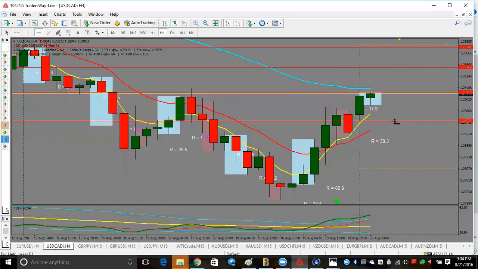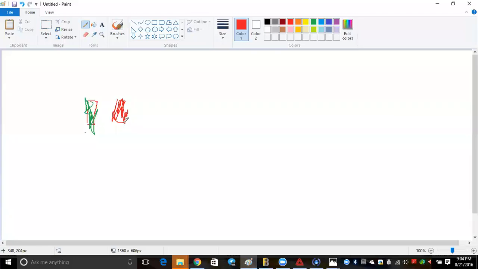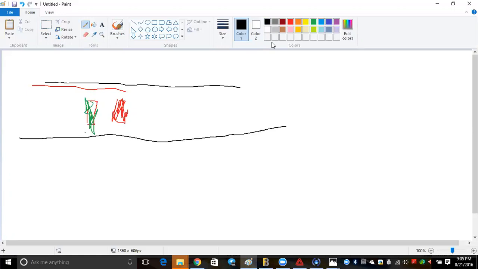I want you to draw some type of support and resistance line. I know it's ugly. Remember I said I failed art, so I'm sorry.